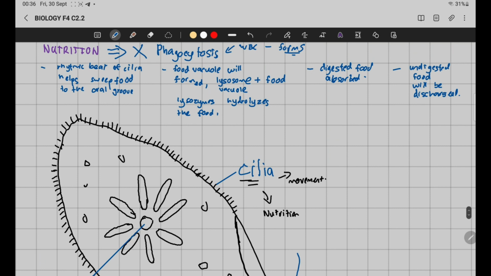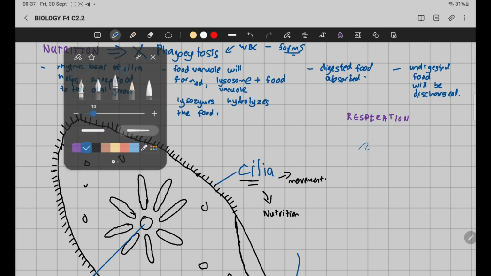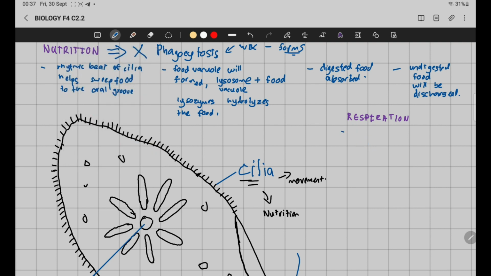Next is respiration. All living things on the earth share this common respiratory gas exchange, in which they take in oxygen and exchange it with carbon dioxide.